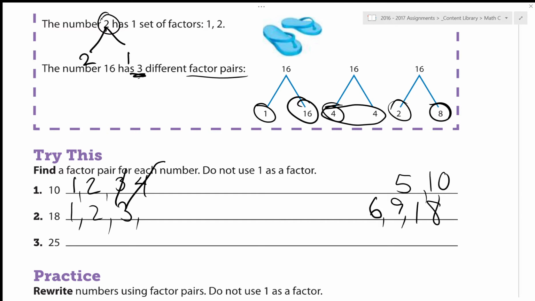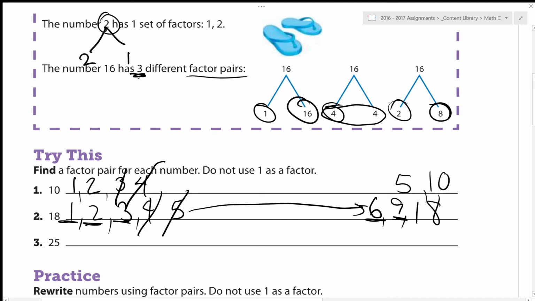I'm going to count by 4s. 4, 8, 12, 16, 20. So 4 is not a factor. How about 5? We've got 5, 10, 15, 20. Nope, 5's not a factor. The next number in line after 5 is 6, so we have found the factors. There are 1, 2, 3, 4, 5, 6 factors of 18.